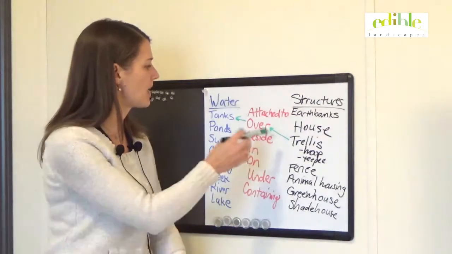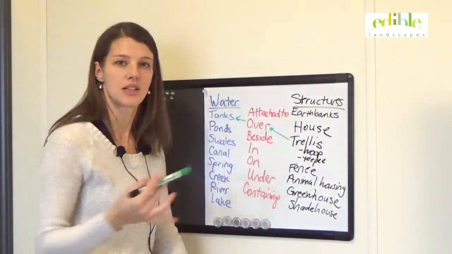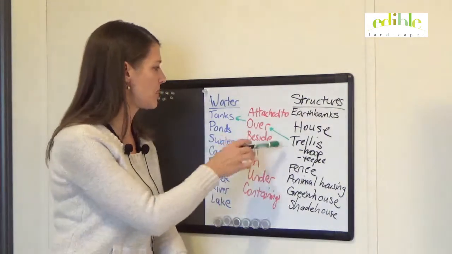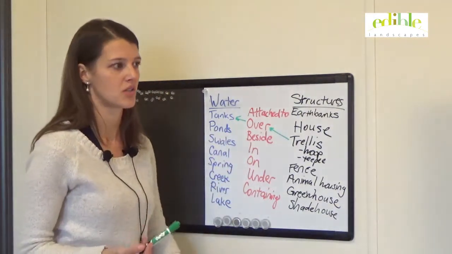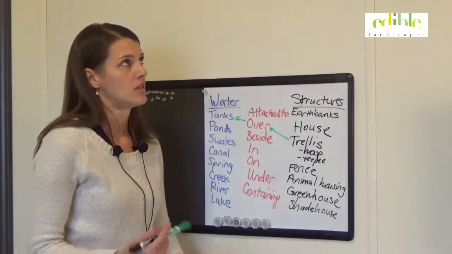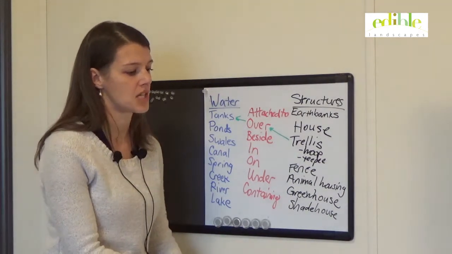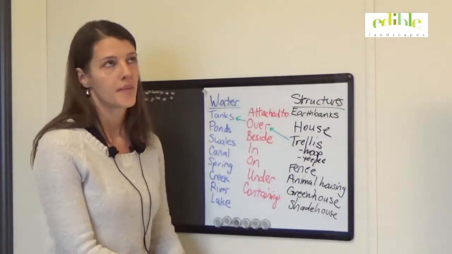So what would be the advantages of connecting some of these elements? We just went through the advantages, but what would be the disadvantages of putting a trellis over a tank? I guess putting a trellis over a tank would also make the tank harder to access.